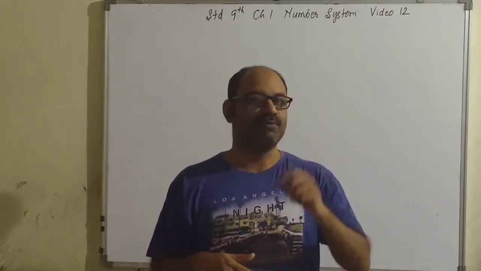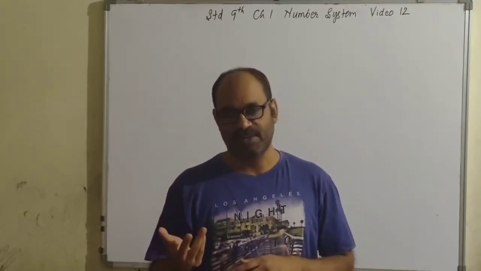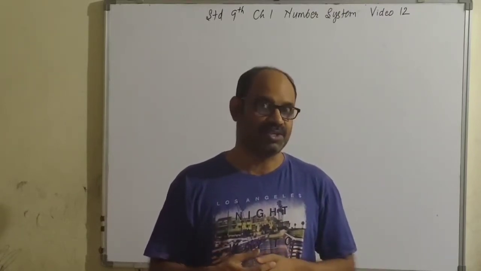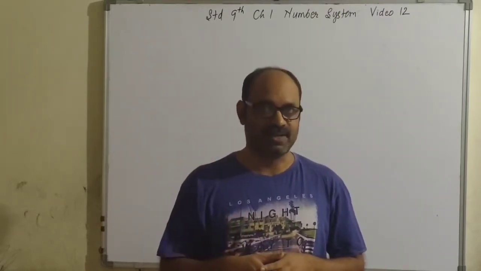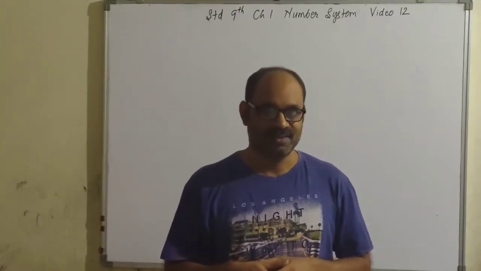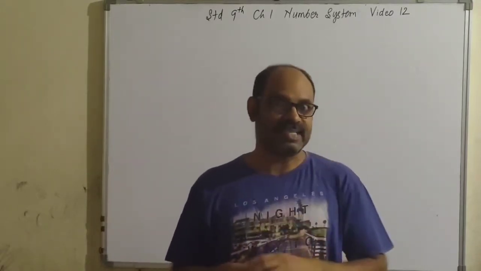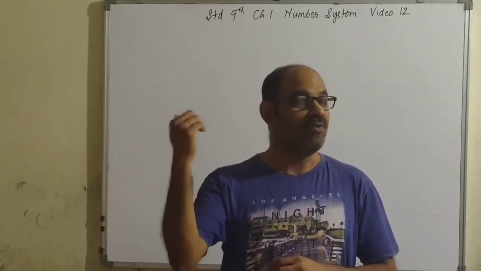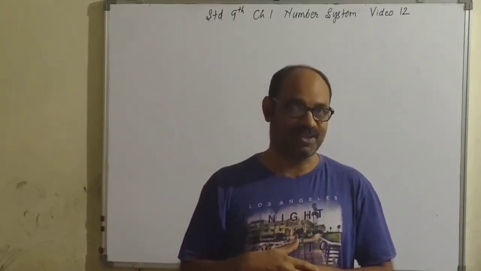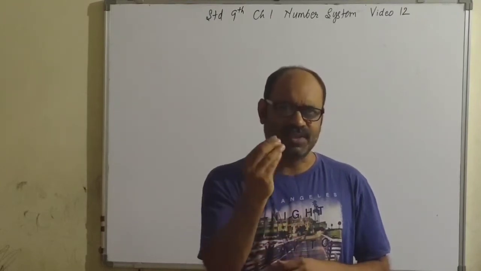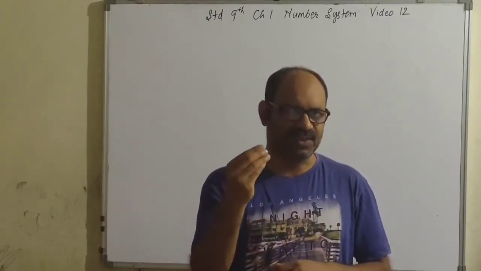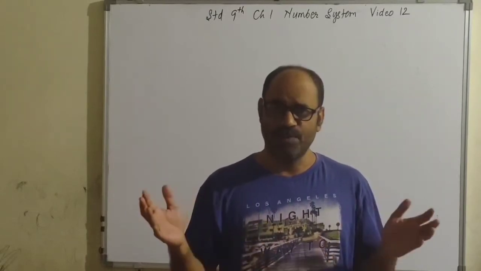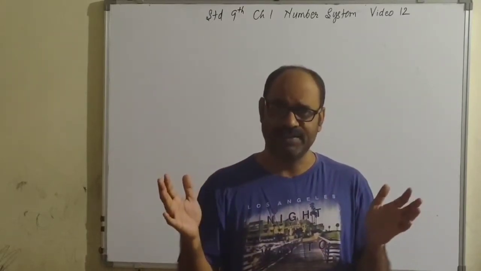Alright? Square root of 4.2, square root of 9.3, square root of 5.4. Such types of irrational numbers. How to represent them on the number line. But to understand each step that we are going to perform while plotting those points, a few things we observed, a few things we revised. I hope you have recalled it.